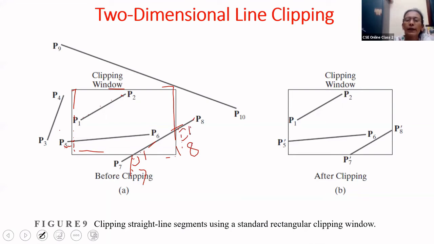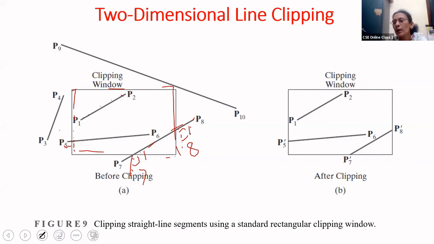The line from P7 dash to P8 dash is inside the clipping window, and so that will be drawn on the screen. Now the part of the line from P8 dash to P8 is totally outside, and so that part will not be shown on the screen.